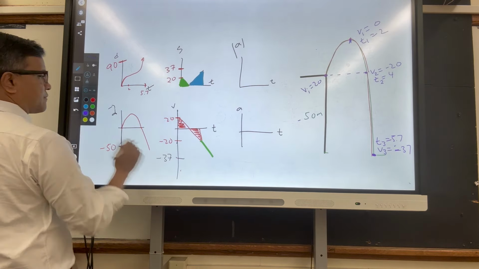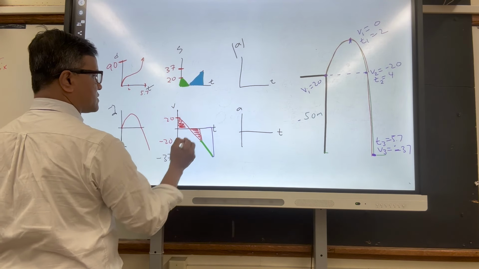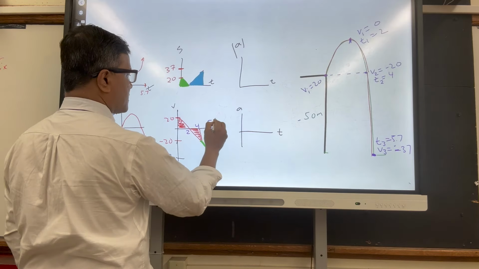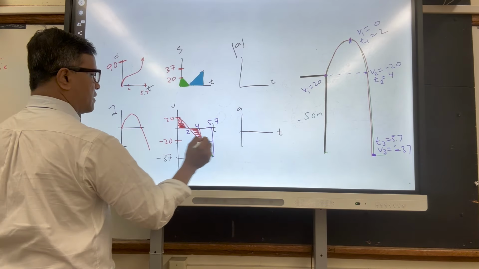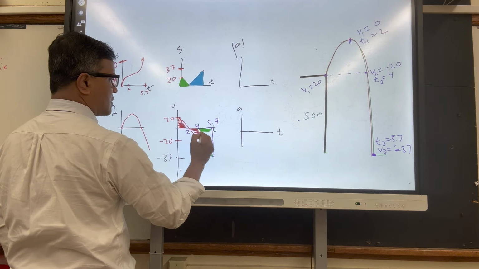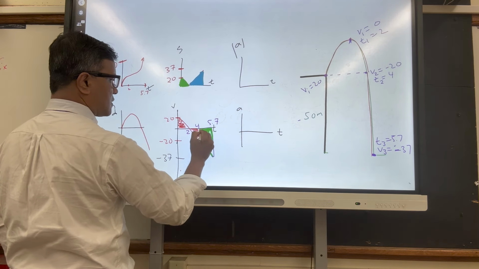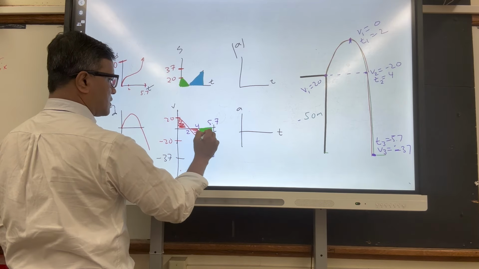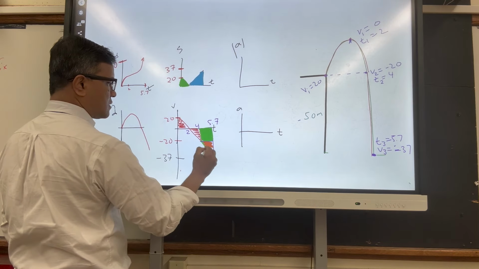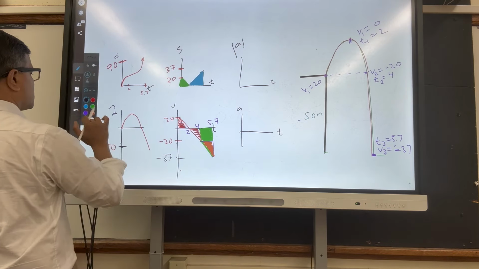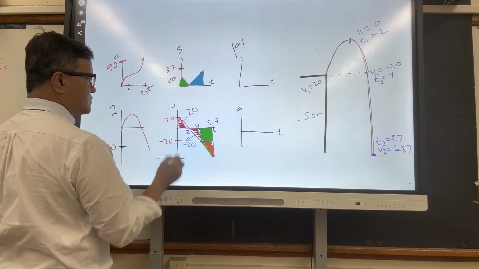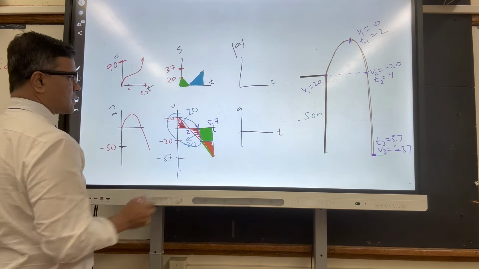So 2, 4, 5.7. This triangle, or rectangle. And this one is 20. This is negative 20. So this 2 is 0.